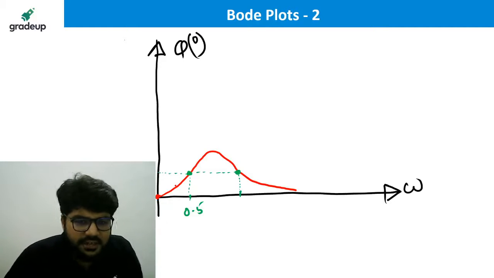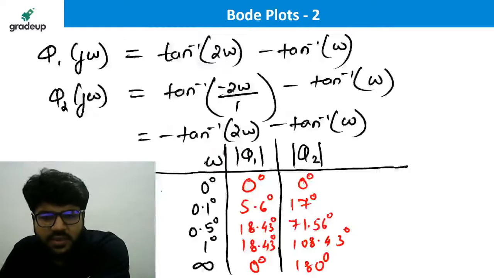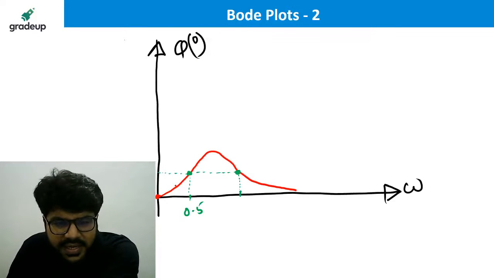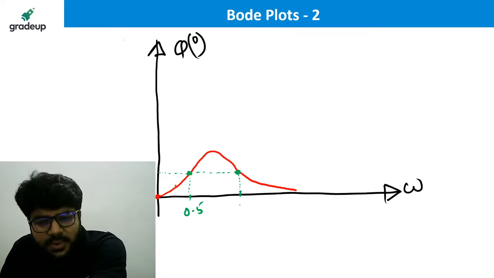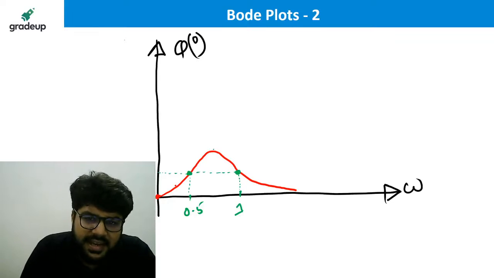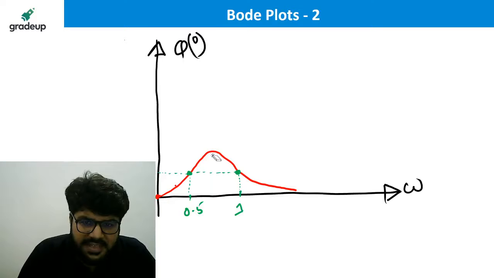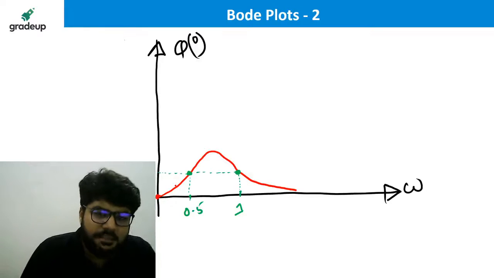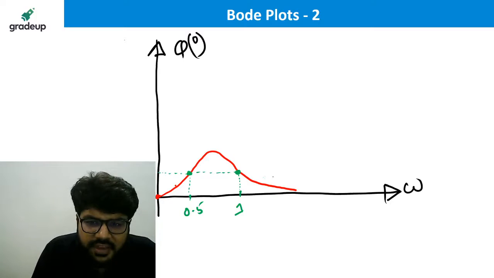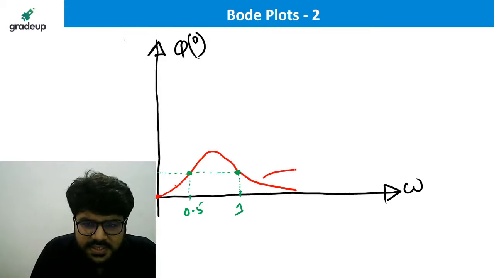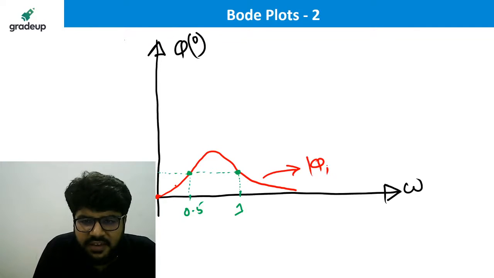That means the function was first 0, then it increases to 5.6, it increases to 18 degree, and again after some frequency it is 18. That means the phase might be increasing, then reaches a maxima and then decreases. Now, what is this maxima? This is important in compensators, and I will discuss this again in the compensator. But right now, this is my phase plot for the phi 1, mod phi 1.